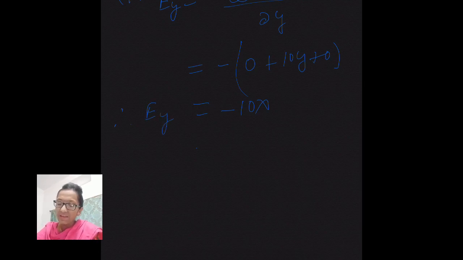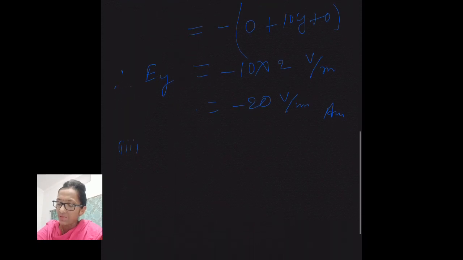Therefore the electric field along y is minus 10 into 2, so this is minus 20 volt per meter. Answer.